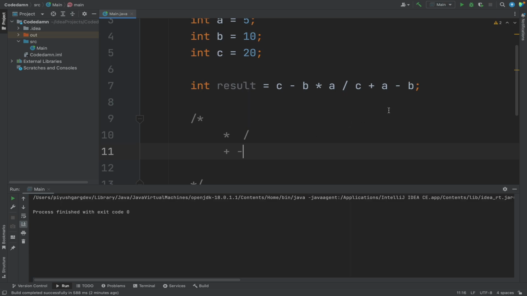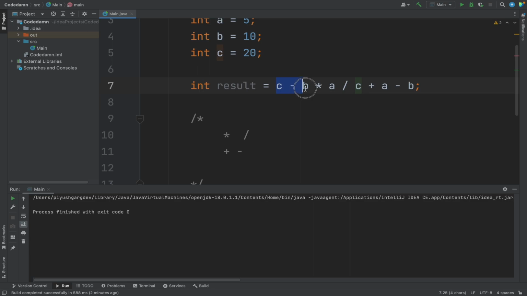First of all, our compiler will go from left to right, and it will find multiply and divide first. When I go left to right, I see that this particular thing is getting multiplied, correct? And this particular thing is getting divided. So first these operations will get executed.